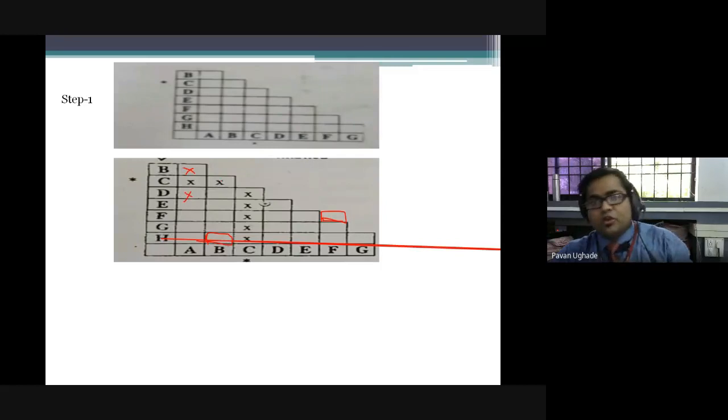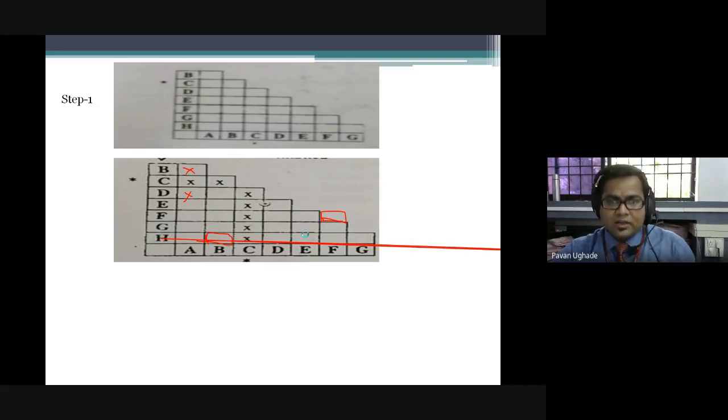If there is a combination of final and non-final state, mark it as cross. If it is final-final, let it be blank.